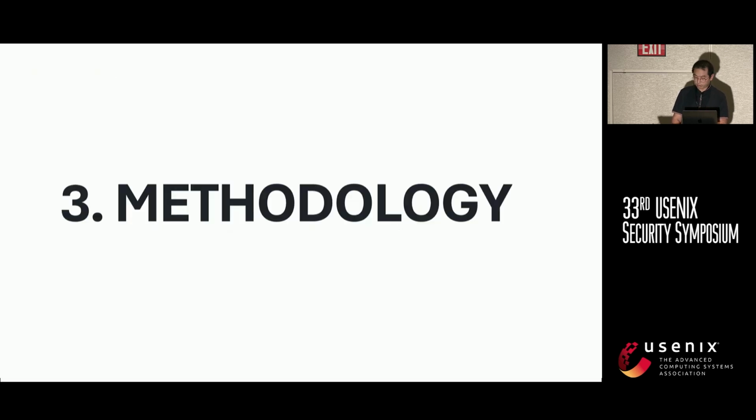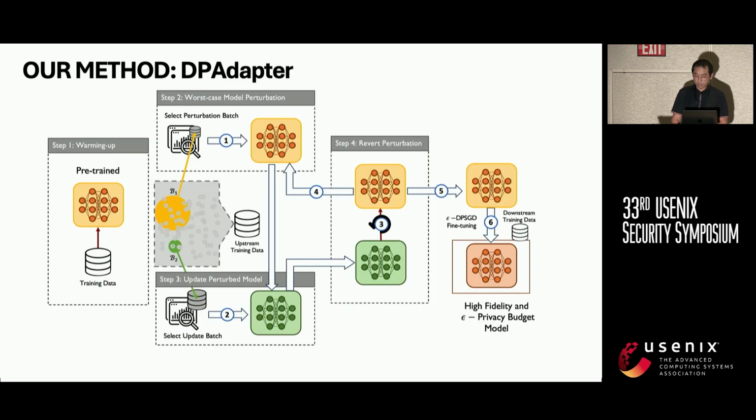All right, so what's our solution? Overall, our method, named DPAdapter, contains 4 steps, in a quite similar fashion to sharpness-aware minimization. The main goal of this entire process is to improve the parameter robustness of the pre-trained model, which is also known as the loss landscape. Essentially, we are trying to make the model parameters more resistant to noise.